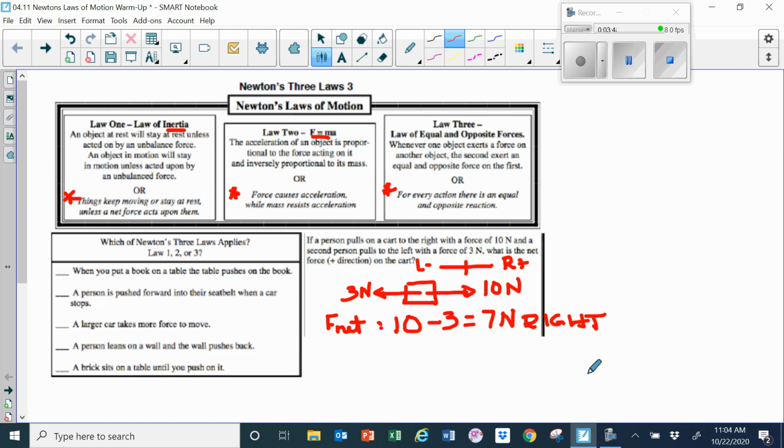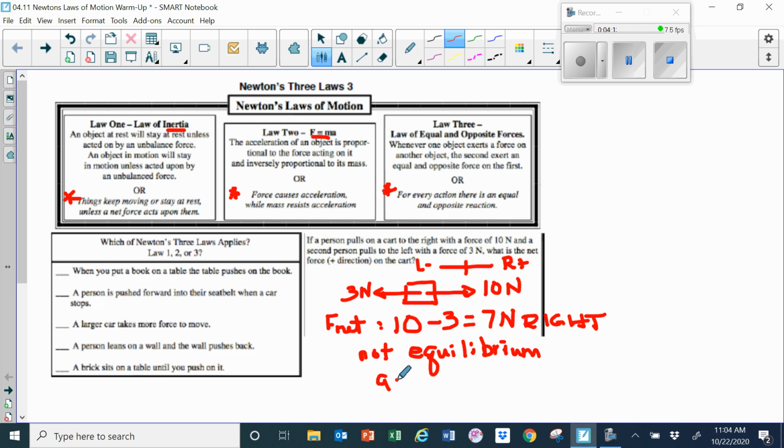Okay? Since there's a net force on this cart, then this object is not at equilibrium. Okay? It's not at equilibrium. There's a net force. Okay? And since there's a net force acting to the right, there is an acceleration.